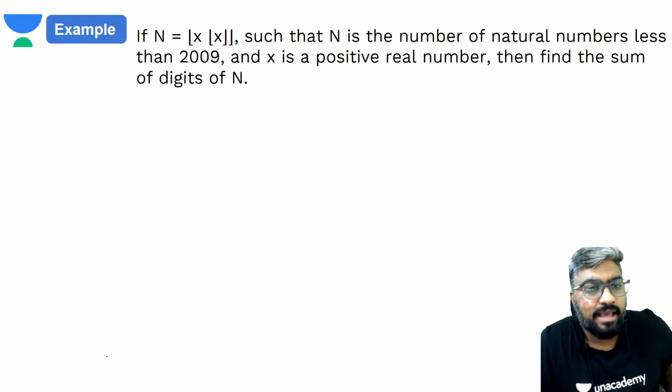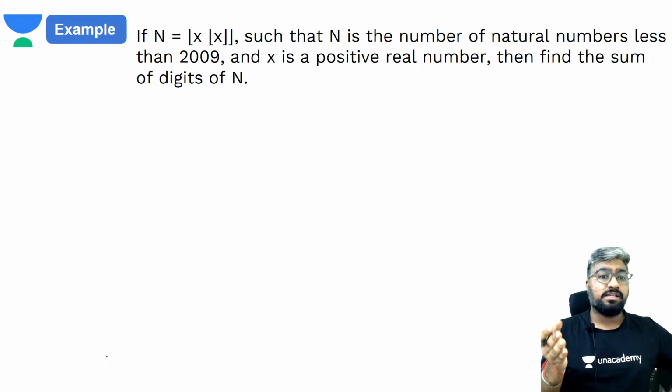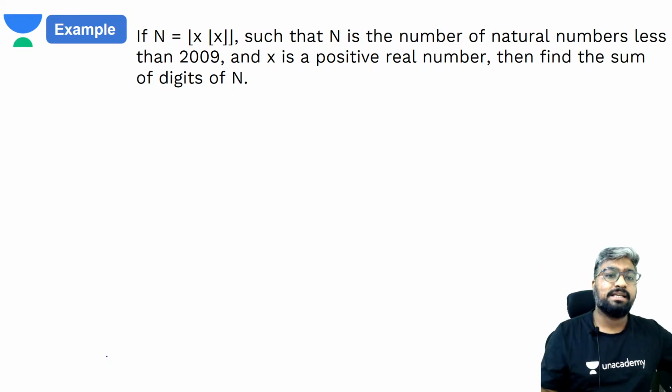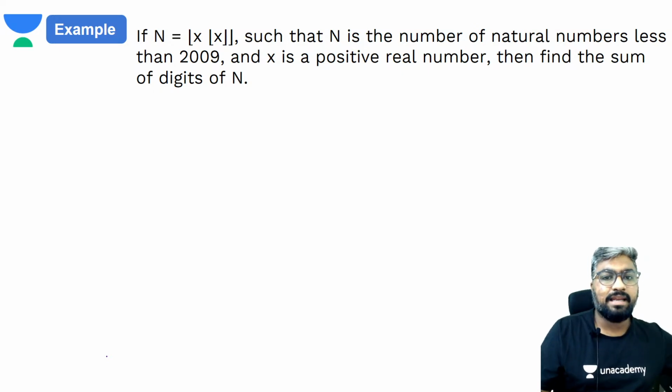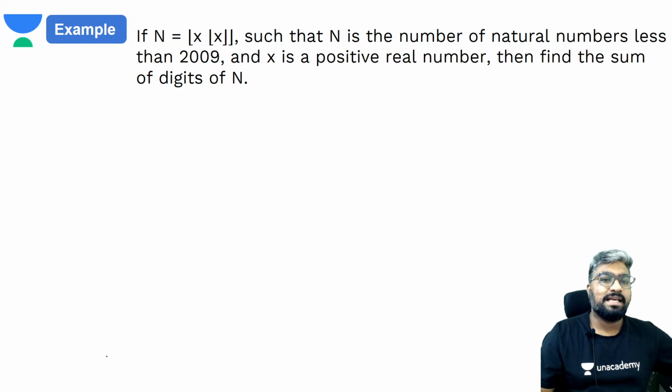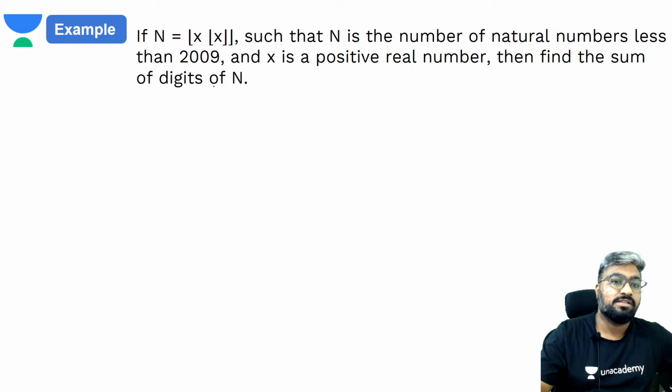They're saying n is greatest integer function of x into greatest integer function of x such that n is the number of natural numbers less than 2009 and x is a positive real number. Find the sum of digits of n.